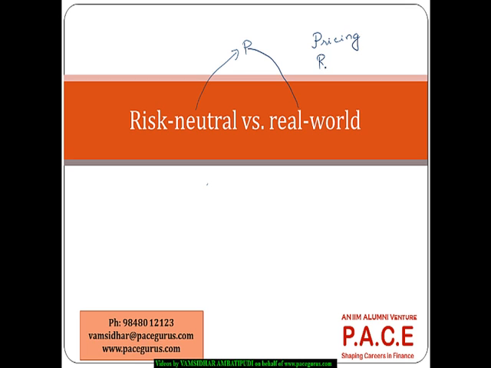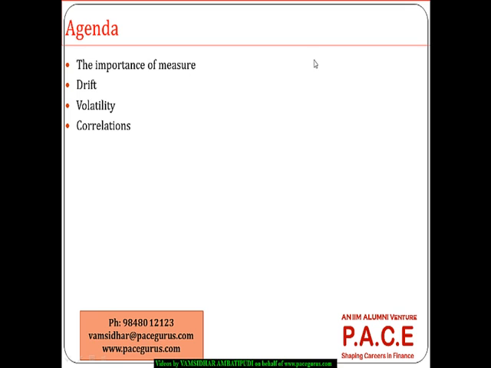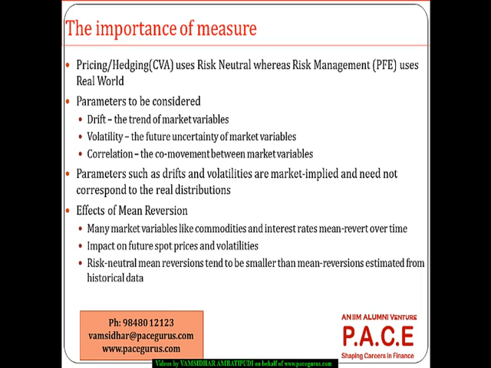With respect to the risk management, with respect to exposure computation, in what scenarios, what kind of probability measures, and what are the differences between the two. So that's where we would focus more on the importance of the measure, and how things like drift, volatility, and correlations play an important role in the decision of the same.